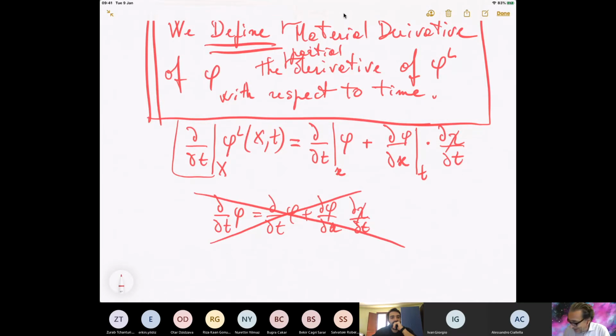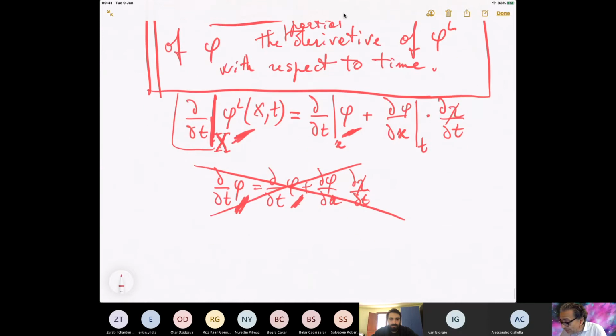So I immediately crossed it. This abuse of notation, confusing phi L with phi, cannot be accepted. Otherwise, this formula is clearly meaningless. In order to reinforce the point, I wrote that capital X is blocked and small x is blocked there, and I even changed the name of the function as it should be.